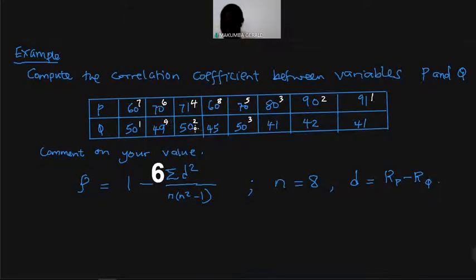Then 45 follows, this is position 5. Then 42 follows, position 6. Lastly, we have 41 and 41, this taking position 7 and this position 8. It doesn't matter, 7 can come here and 8 can come there.